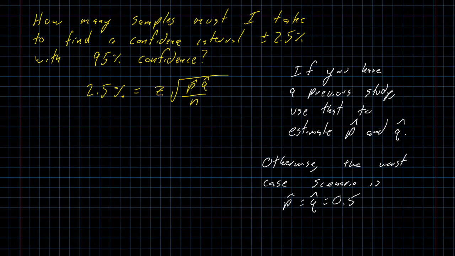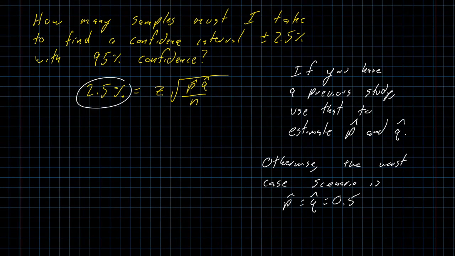If you make p hat larger, q hat will become smaller in such a way that their product is smaller than what you get if you multiply when they're both 0.5. And so that will give you the worst case scenario. The worst case scenario always overestimates the number of samples that you need, but something like this will always work.